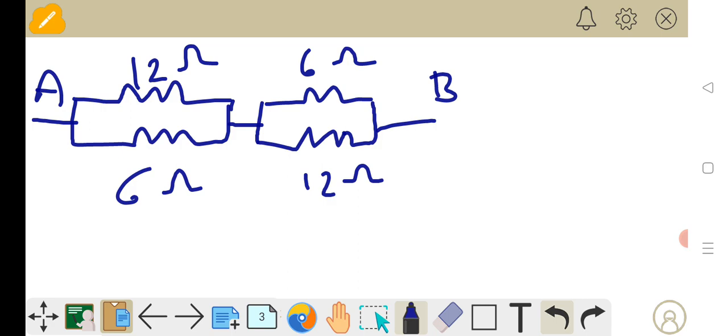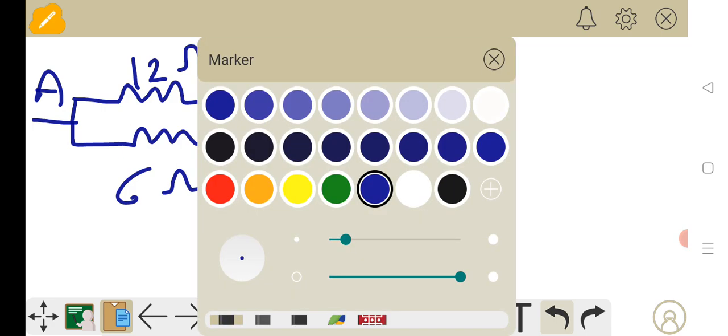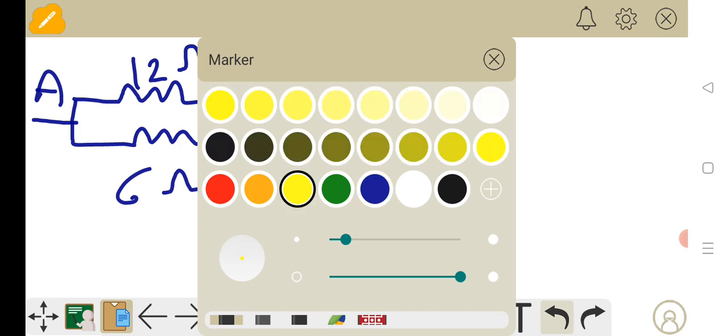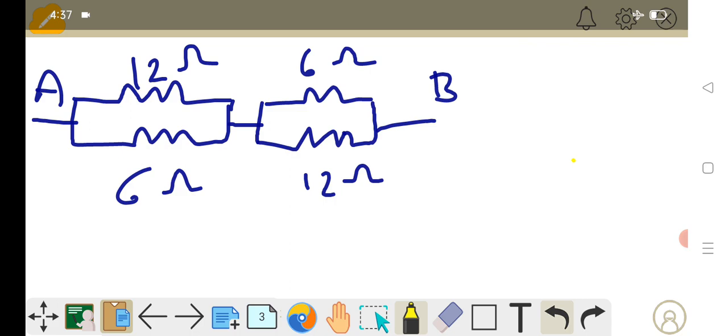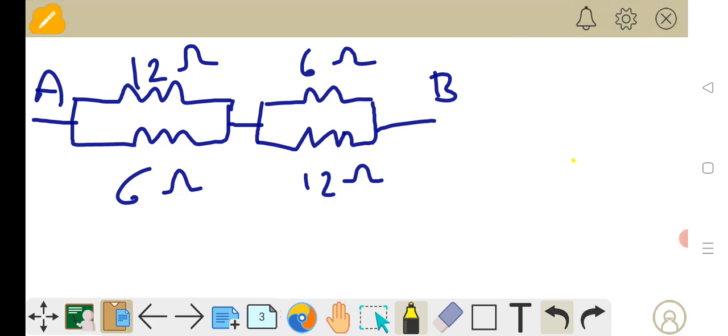So this 12 ohm and 6 ohm and 6 ohm and 12 ohm are in parallel pairs. Okay, understood? So these two are in parallel, these two are in parallel. If you find equivalent resistance of these two parallel combinations, the resultant resistors will be in series.